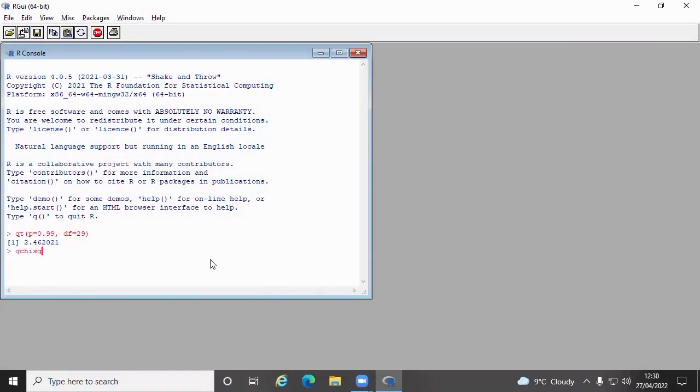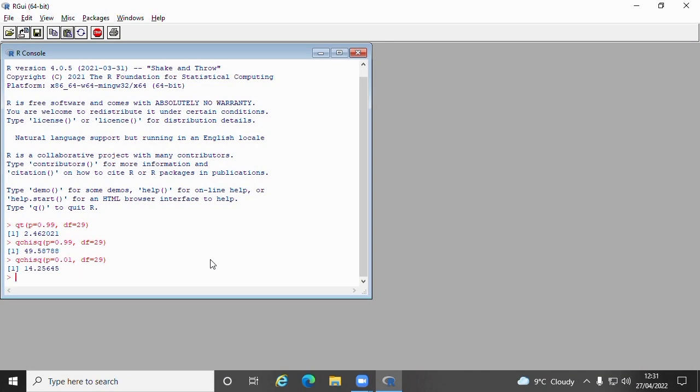Again, to find the quantile, we start with Q, followed by the keyword of the distribution. The input will be the value of P and the degree of freedom. And we also need the 0.01 quantile. So these will be the two quantities we need to put in the denominator of the formula.